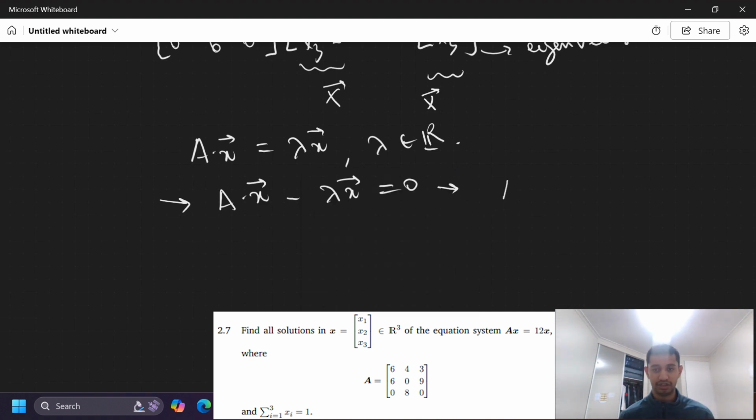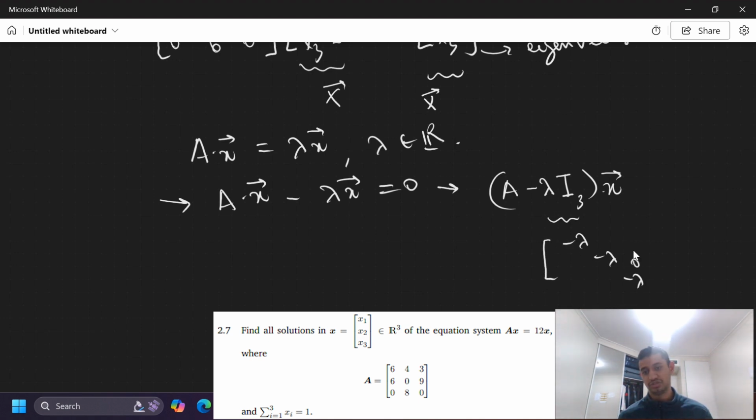When we do that, you should get A minus lambda I3 times x. A minus lambda alone does not make sense, where A is a matrix and lambda is just a scalar; you can't subtract a scalar from a matrix. So to take x common out, you have to multiply lambda with the identity matrix of 3, because we're dealing with a 3-dimensional square matrix here. And this is equal to 0.